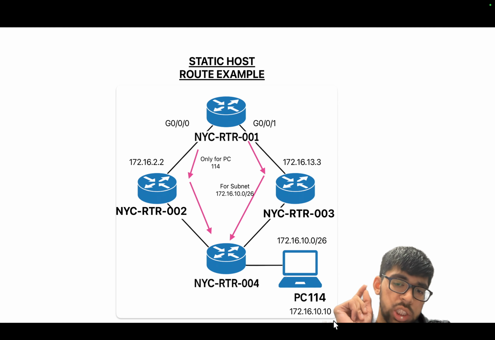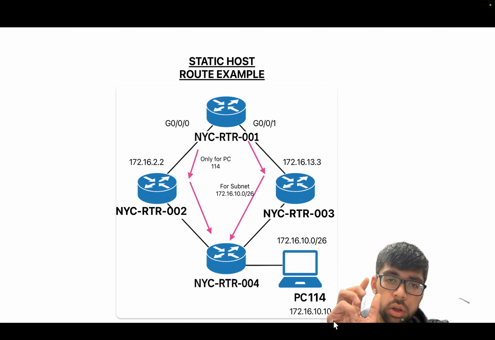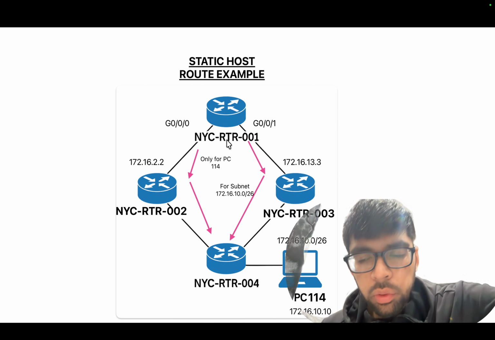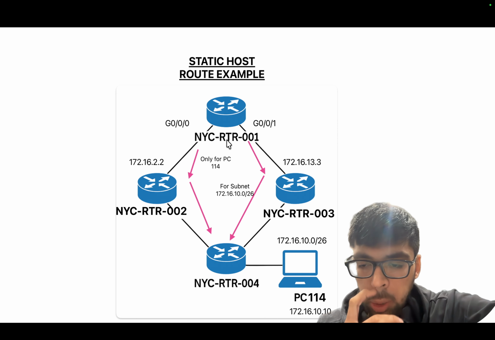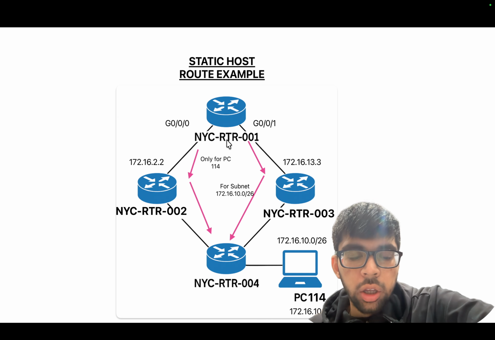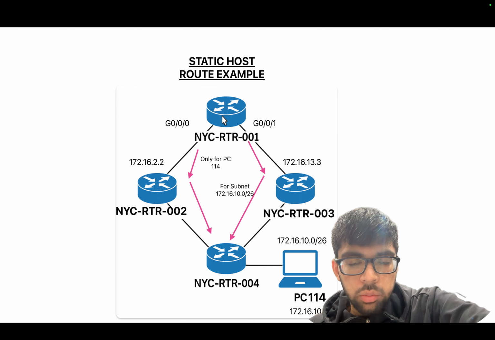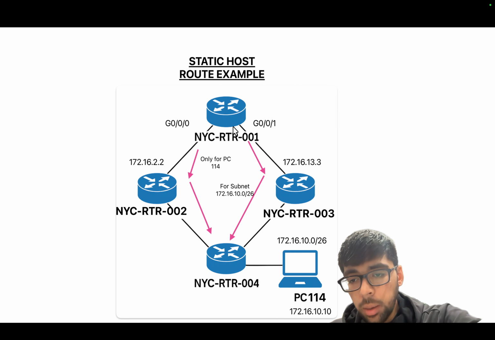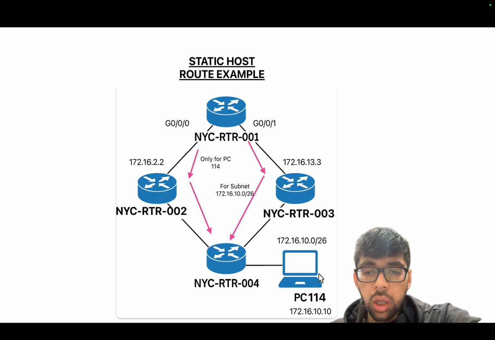That's one specific host attached to router 4, and what we've got here is a static host route configured on this router, which is basically telling router 1 that if you've got a packet destined for PC 114, just use this route here, go via router 2 and then router 4.